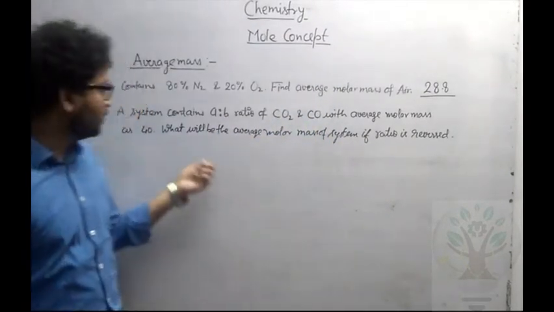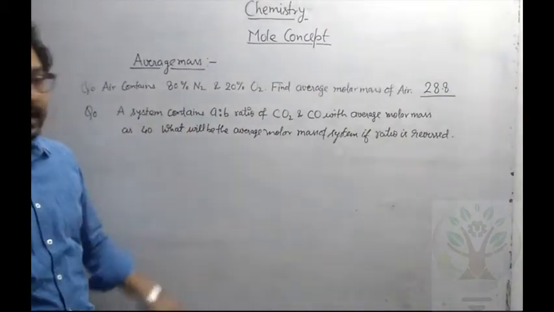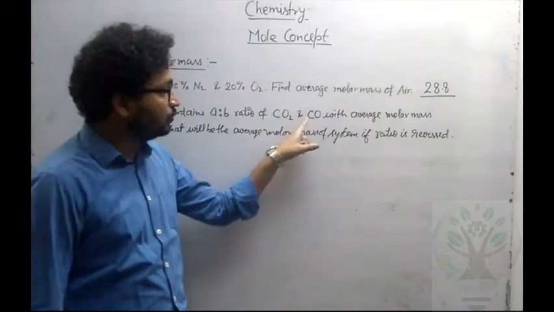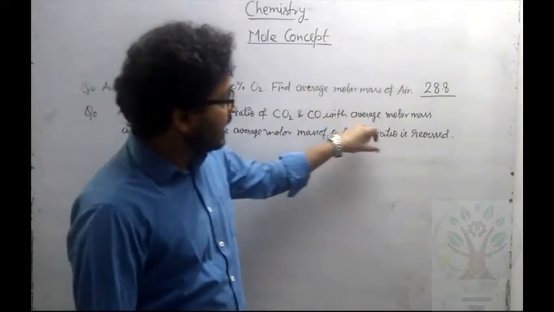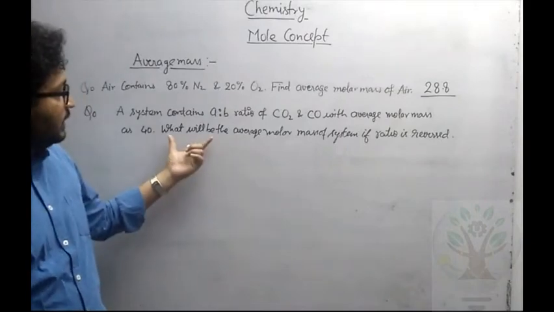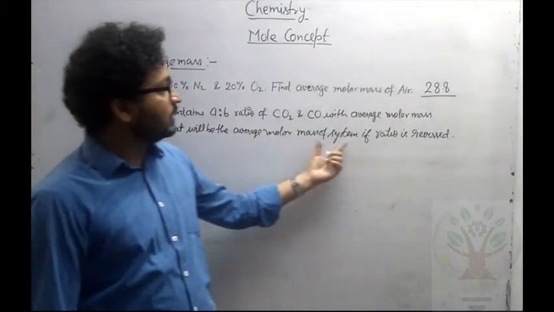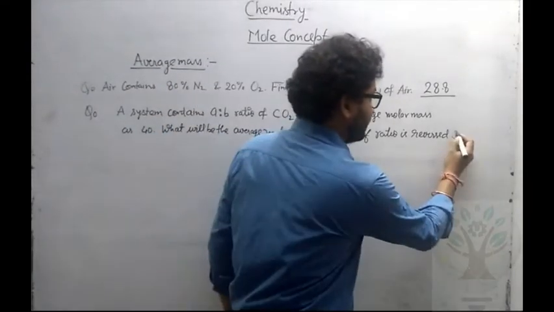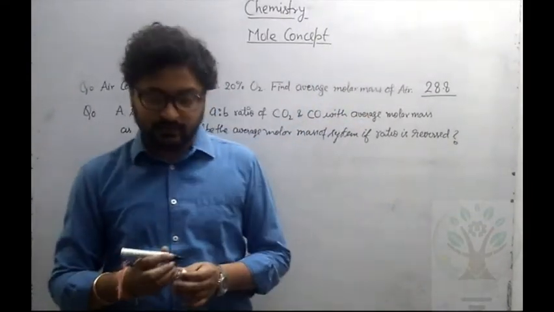Now let's move to the next question, which is: a system contains A:B ratio of CO2 and CO with average molar mass 40. They are asking what will be the average molar mass of the system if the ratio is reversed. Okay, if the ratio is reversed.